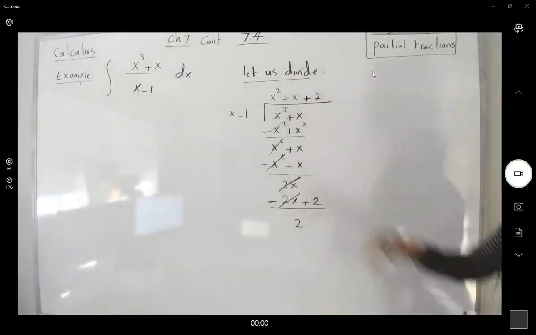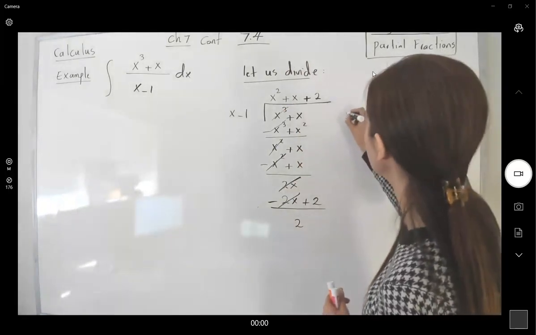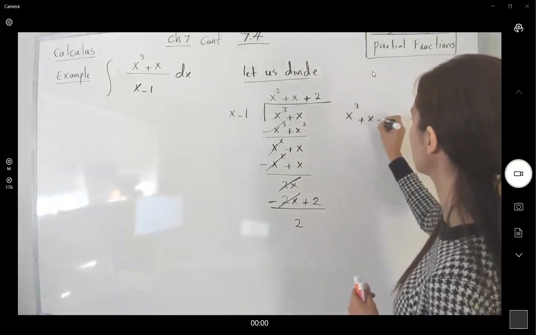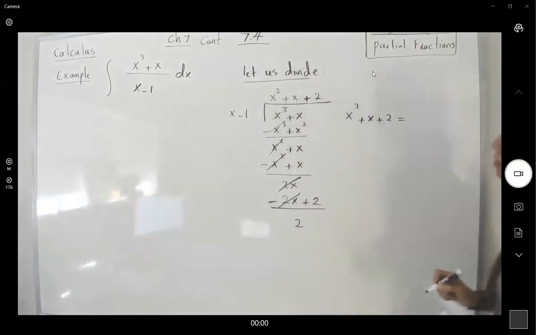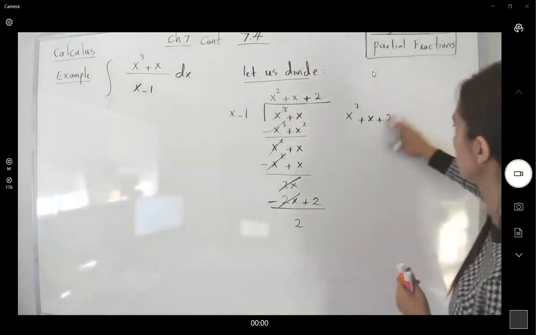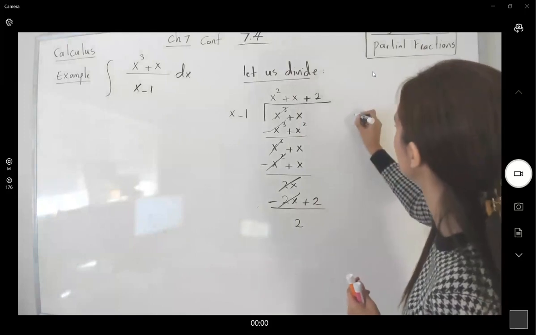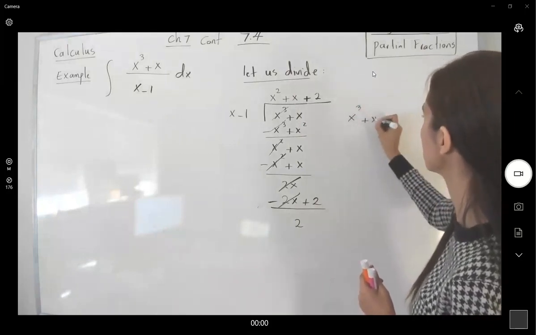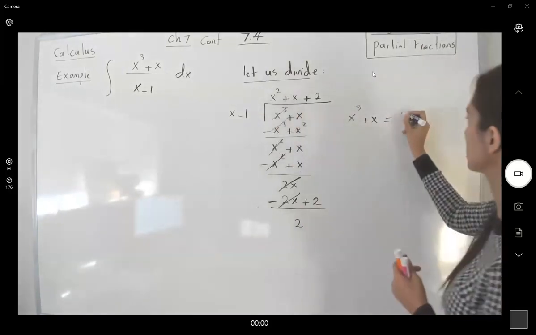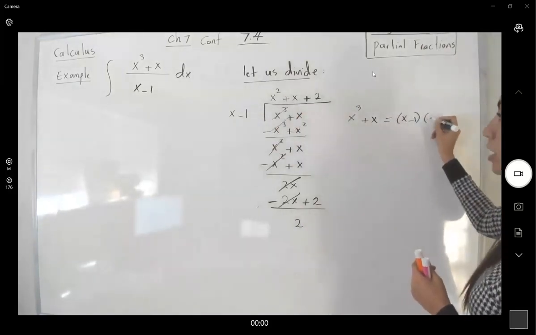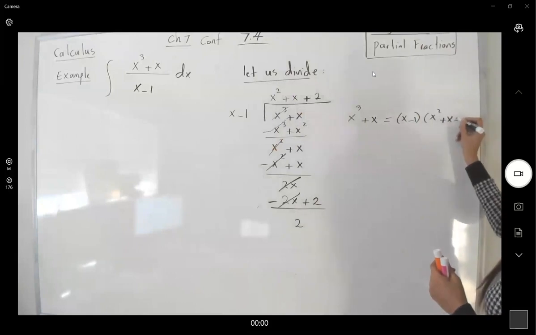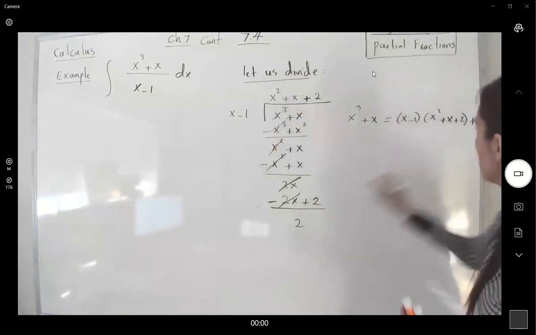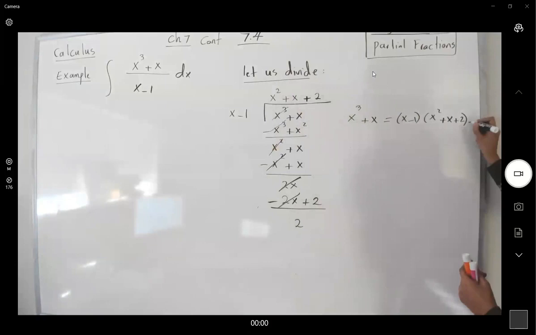So what's the meaning of that? It means that x cubed plus x is equal to the product of x minus 1 times x squared plus x plus 2, plus the remainder, which is just 2.